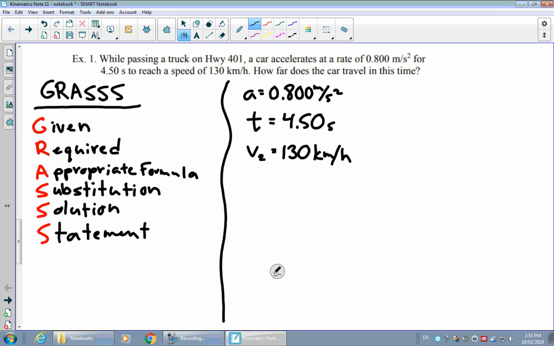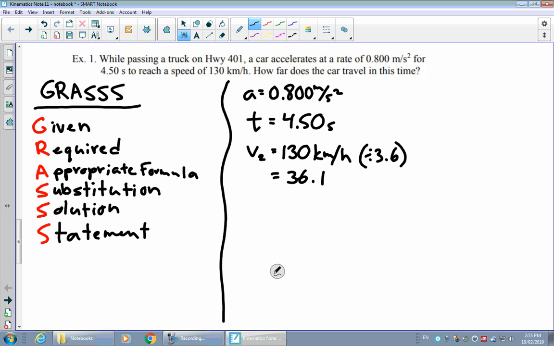But in the end, I'm going to need to put that into meters per second. We can talk about this in more detail in class, but a quick shortcut you can use, and just take my word for it for now, is to divide that by 3.6. If you have something in kilometers per hour, dividing it by 3.6 immediately changes it to meters per second.